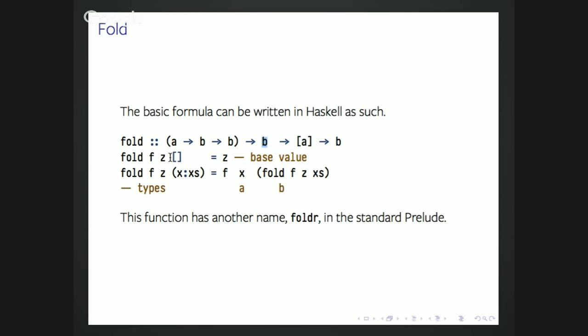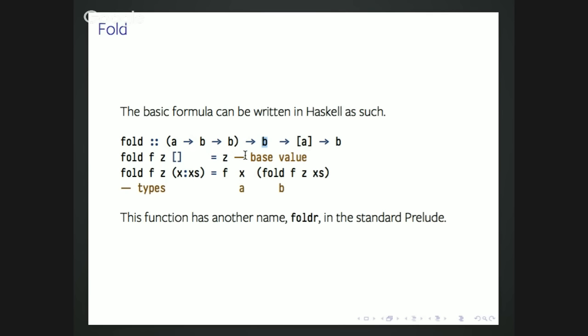So fold on an empty list will just give you that initial value that you call the function with. When you try to fold with a list that is not empty, what it will do is apply that binary function on the head of the list and the whole combined value of the rest of the list. Remember, when you're doing recursion, oftentimes you're thinking a little bit backwards.